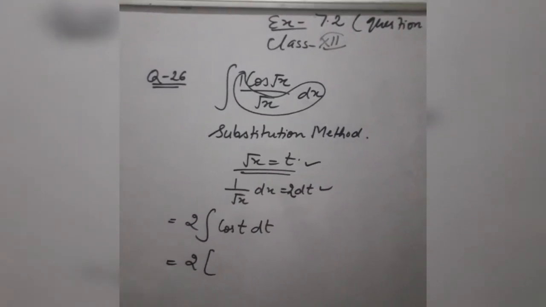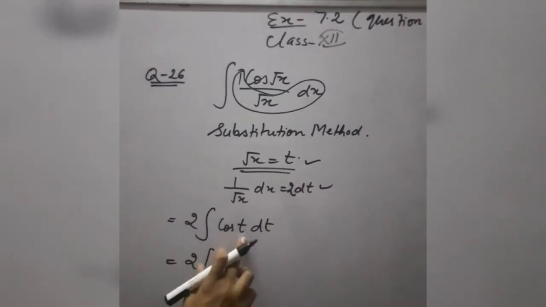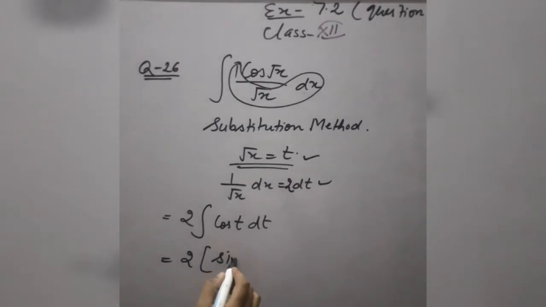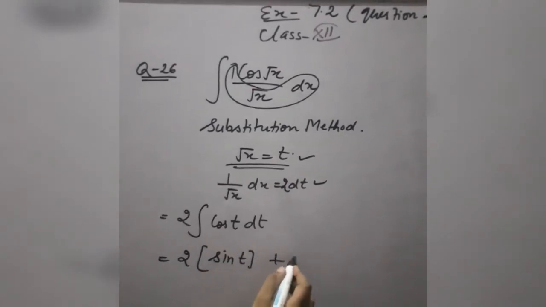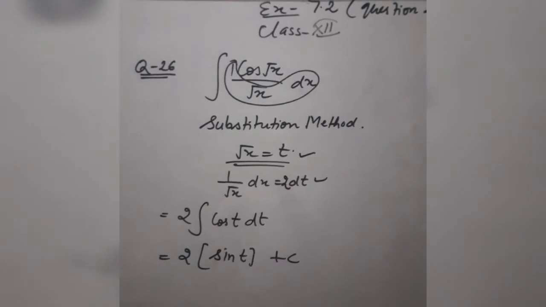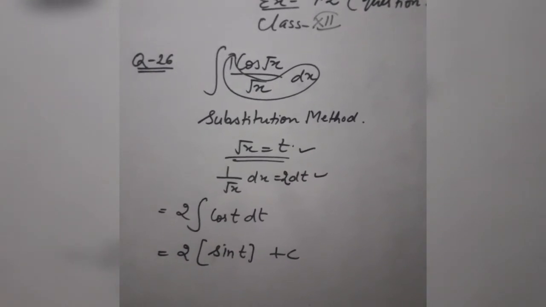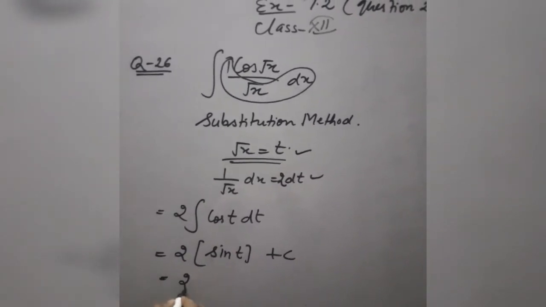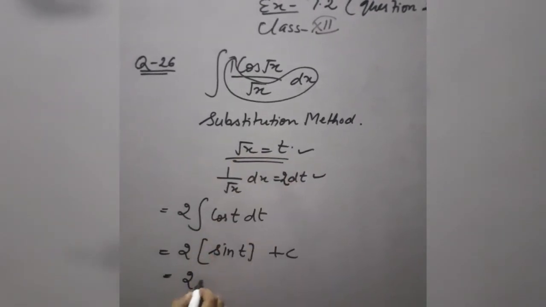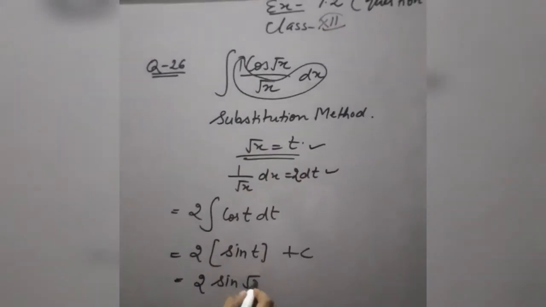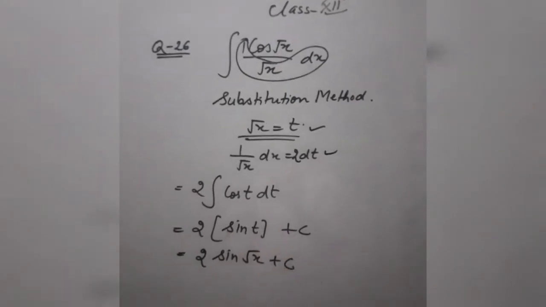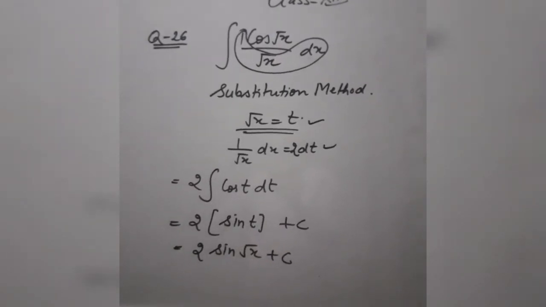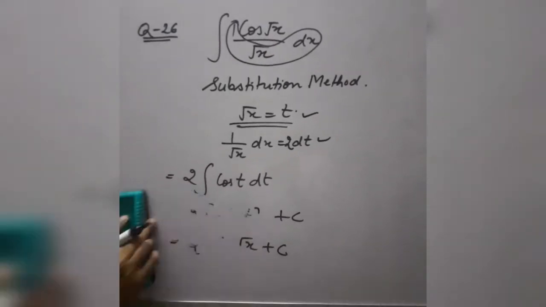Integration of cos t with respect to t is sine t, plus integration constant c, and in the last step in place of t put the value of t. What is t? t is equals to root x. So in place of t write down root x plus c. What is c here? c is integration constant. So this is question number 26.